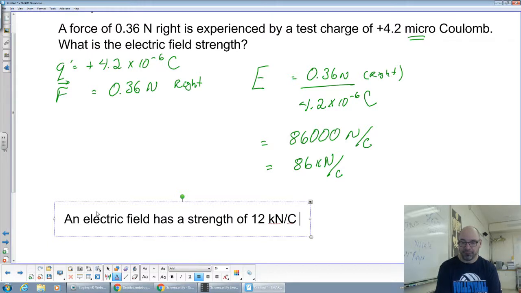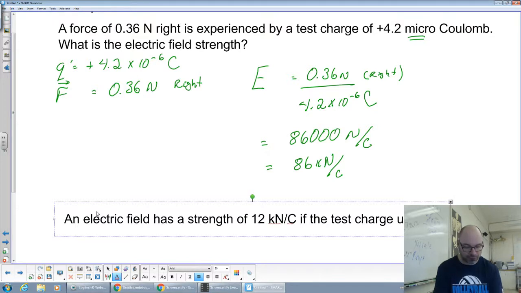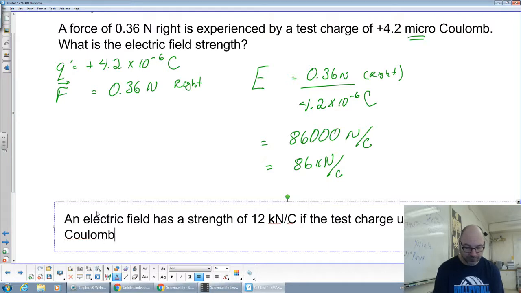If the test charge used is, let's say, 4.5, let's go millicoulombs. A C like that means milli. Micro is a fancy U, so that means millicoulomb. Okay, so that's quite a big charge. It's 1,000 times bigger than a microcoulomb. What is the force on the charge?